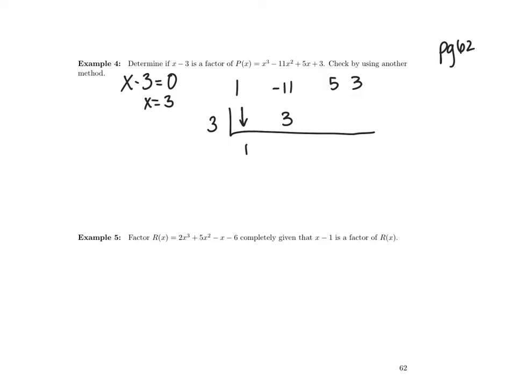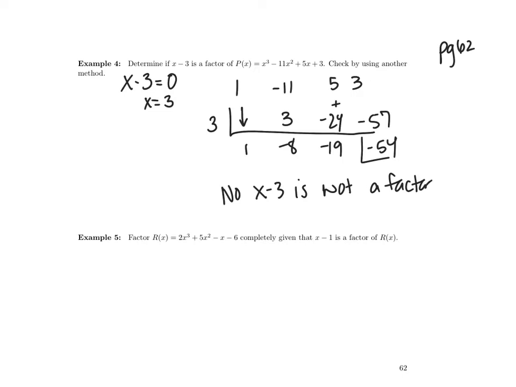Multiply, add, multiply, add, multiply, and add. Because we did not get 0, so no, x minus 3 is not a factor because when we do p of 3, it's not equal to 0.